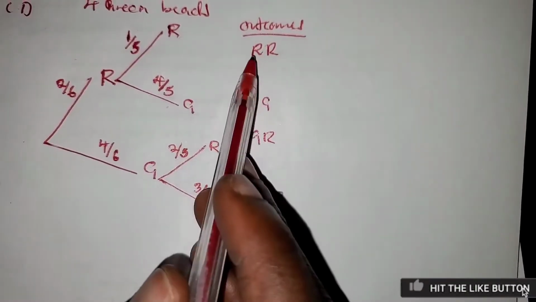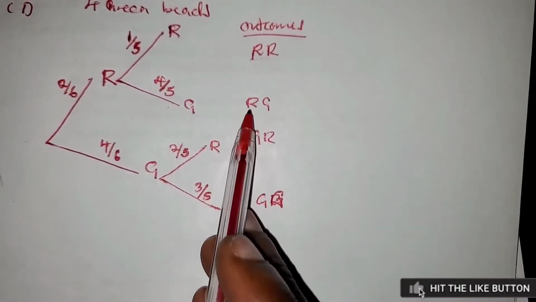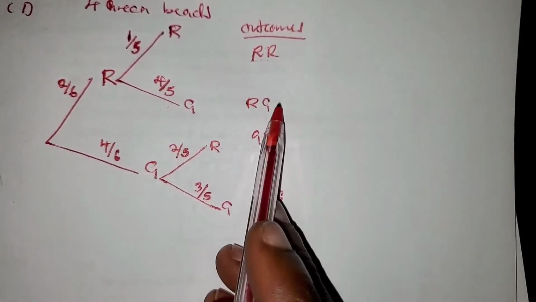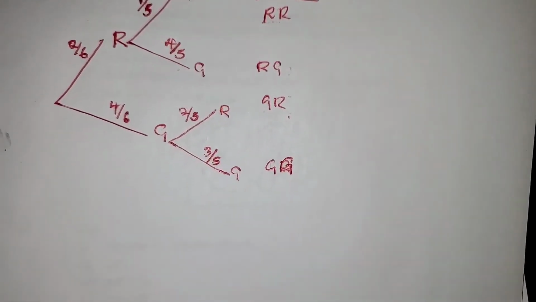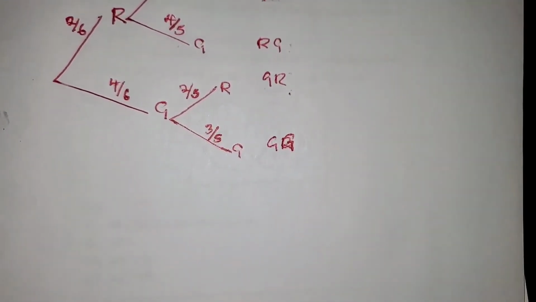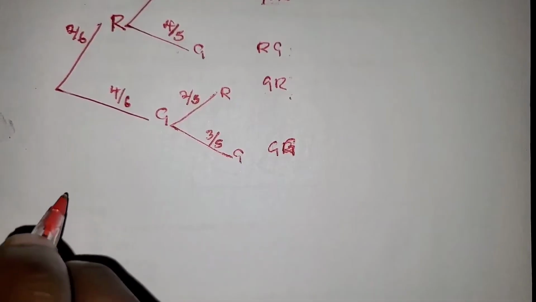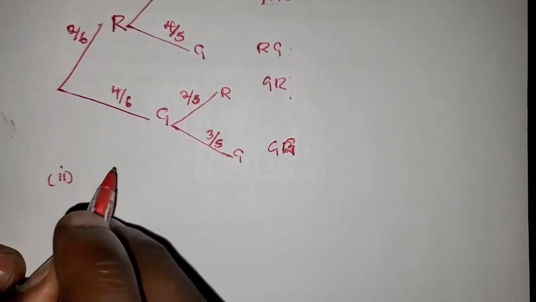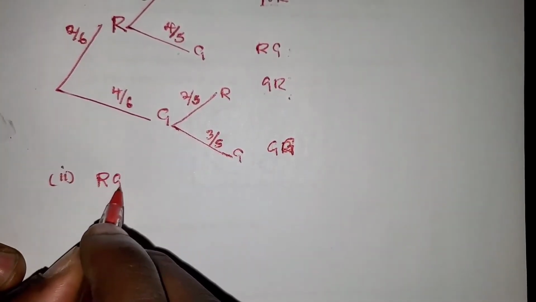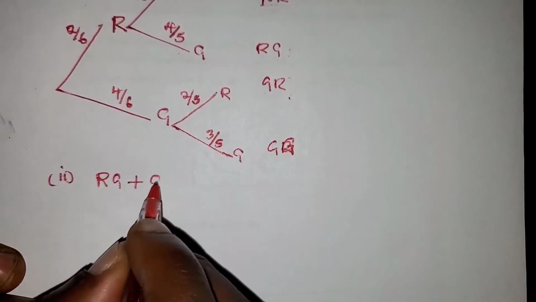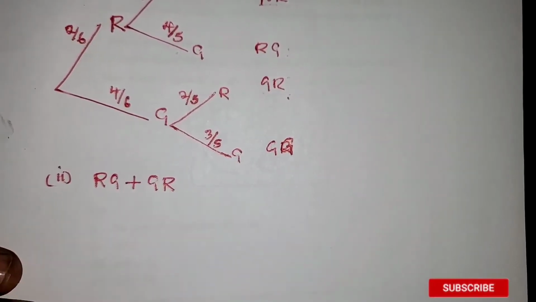Red, red and green, green are the same color, so we're going to consider these two: red, green plus green, red.